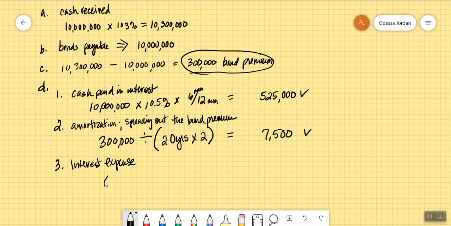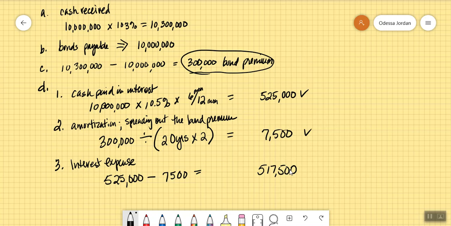We take the interest that we paid and we're going to subtract out the semi-annual premium amortization that we just calculated. And so that gives us 517,500.